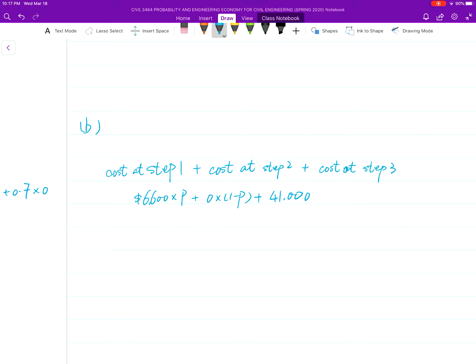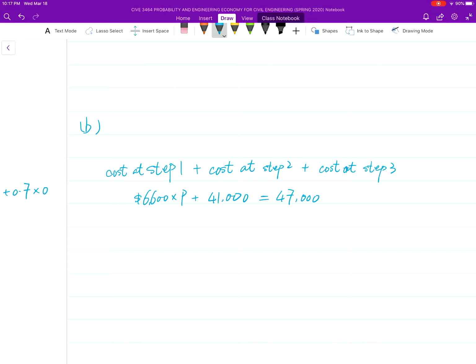Obviously, this part is 0, so I can remove this, and move this closer here. That equals 47,000. So choice 1 equals choice 2.